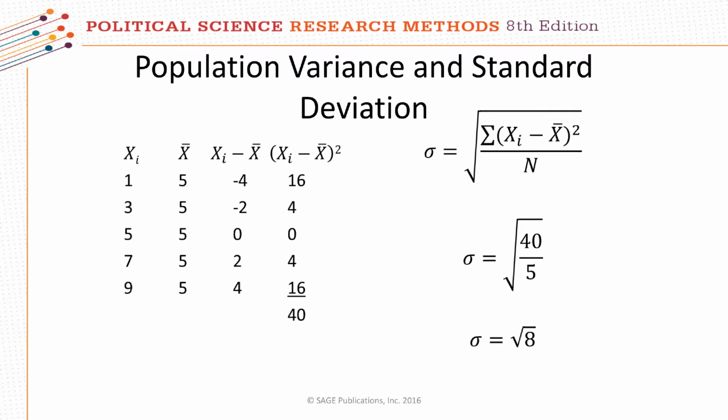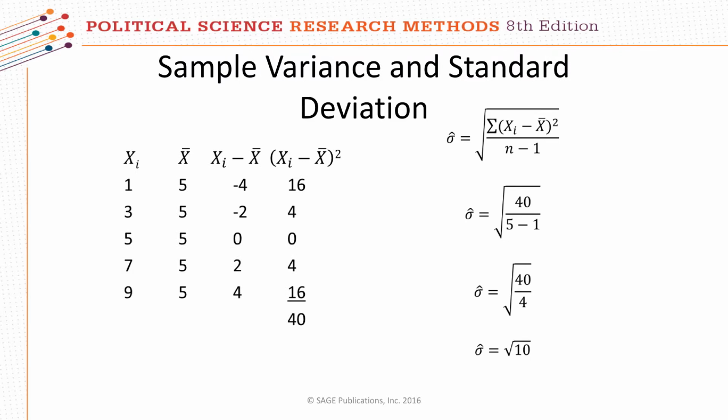For the sample, you do the same thing except you divide by 4, so this would be the square root of 10. And that's just going to give you a little bit wider, a little larger standard deviation. All right? So that's what that is.